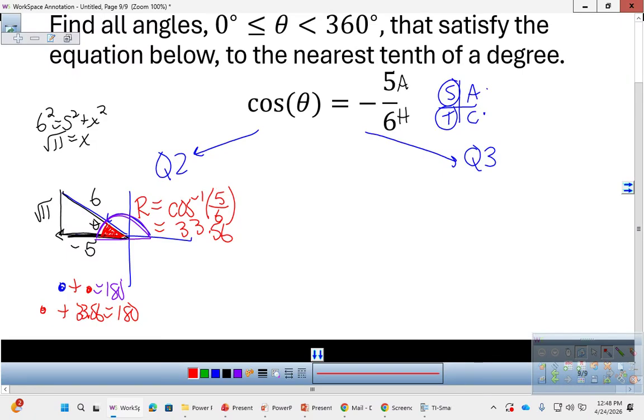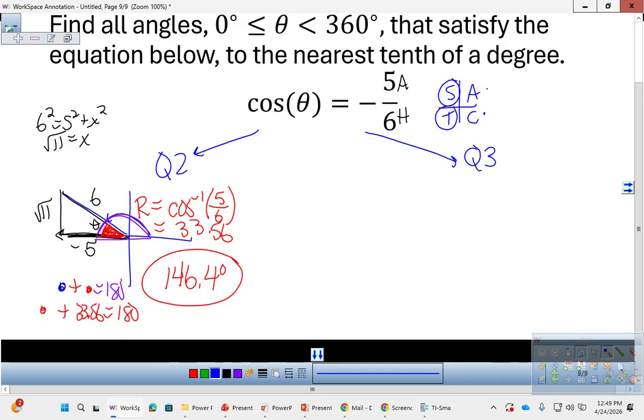And so I get that my standard angle, 180 minus 33.56, is 146.4 degrees, which makes sense in quadrant 2. It's got to be an angle somewhere between 0 and 180, and I get 146.4.